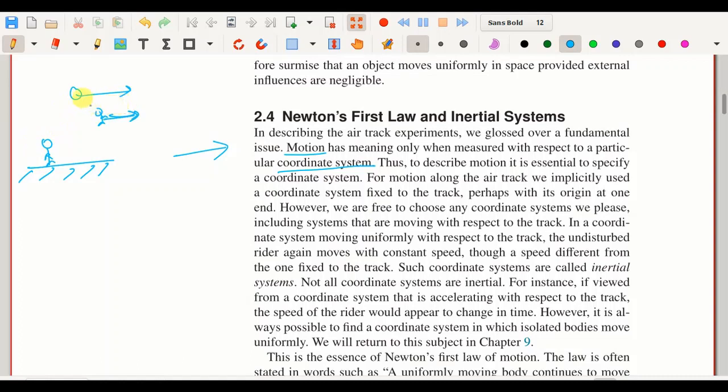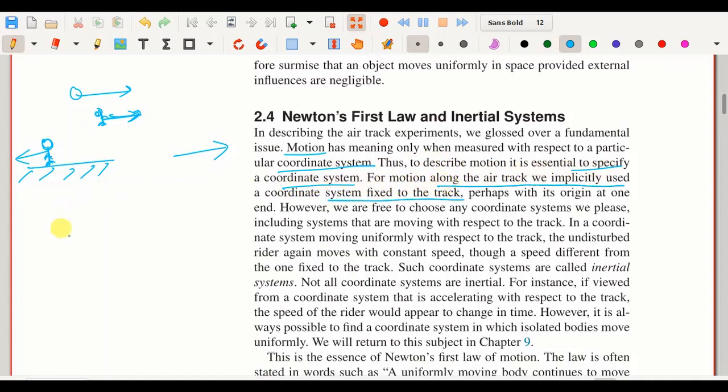And maybe if he is looking at you, he says that, okay, you are actually going there, but actually the thing is that you are at rest and he is actually going. So this happens if you are in a bus and something is passing by. So yeah, motion is a pretty relative thing. Thus, to describe motion, it is essential to specify a coordinate system. For motion along the air track, we implicitly use a coordinate system fixed to the air track.